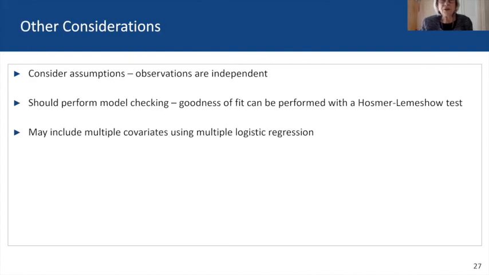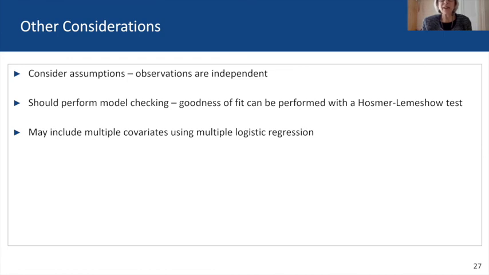So I've taken you through the case control study in which we have a 2x2 table, a dichotomous outcome and a dichotomous covariate. We needed to make some assumptions that the 240 children in the study were independent. One individual's outcome did not influence the others. We should have performed some model checking, and model checking for goodness of fit of the model to the data can be performed with the Hosmer-Lemeshow test.